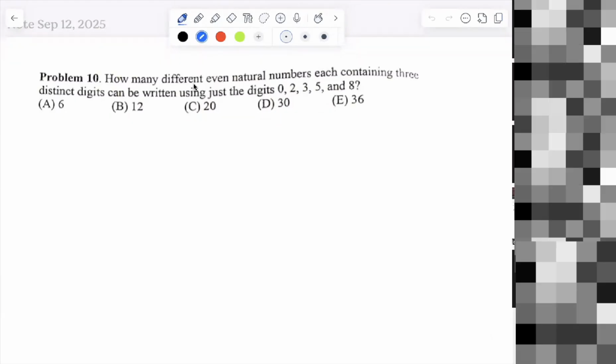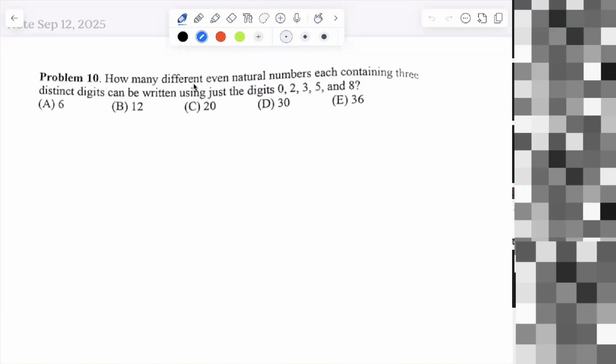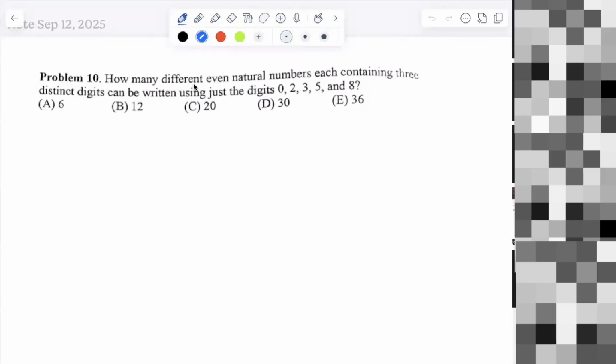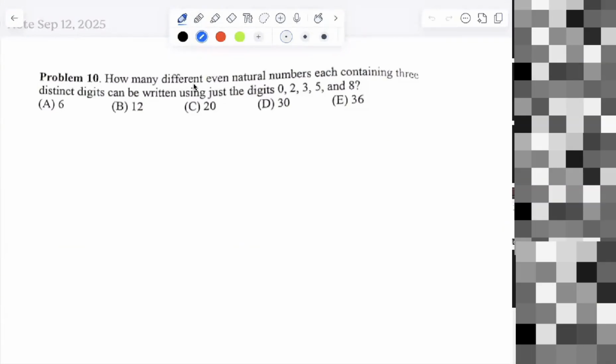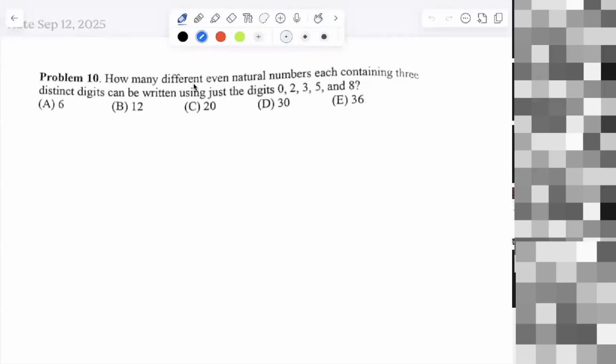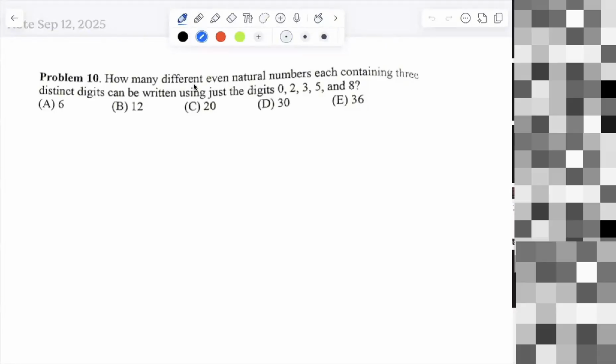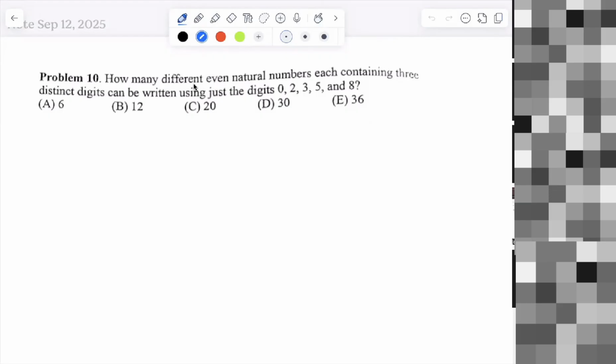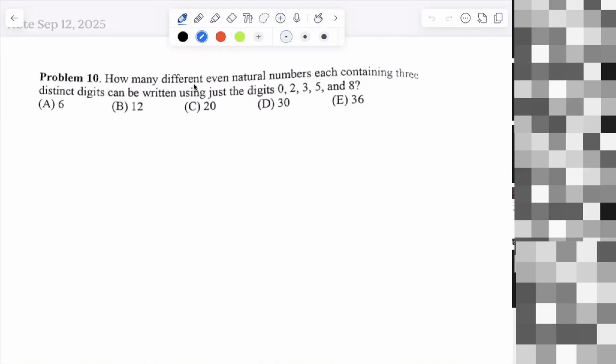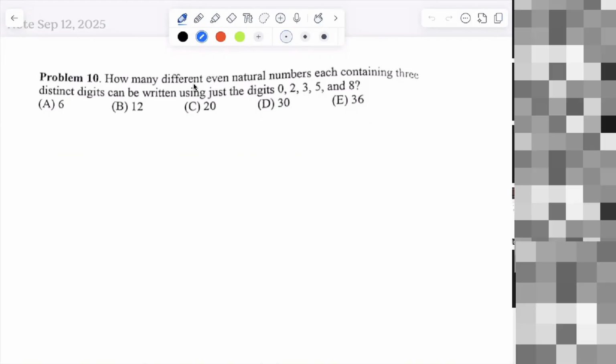Notice that 0 cannot be the first digit of a positive integer. And there are three different digits that can be at the last place: 0, 2, and 8. So we want to find how many can be written. Let's think about this first.